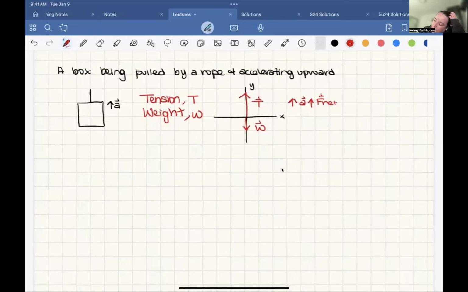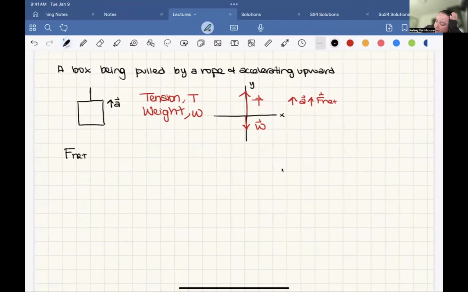But the next thing to do then is to use Newton's second law to write the equation, or equations depending. So the net force is mass times acceleration, and the net force is the vector sum of forces. Okay. So here we have the net force in y is equal to the mass times the acceleration.